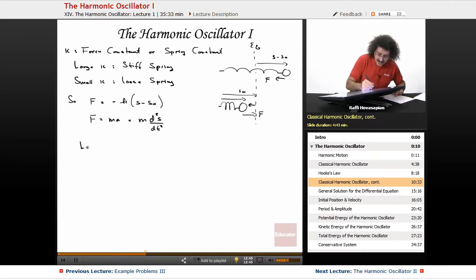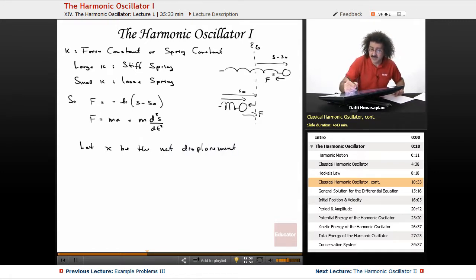Now, let x be the net displacement. And net displacement means this distance, the actual distance I've pulled or pushed away from the equilibrium position. So this is x, and this is x. Net displacement.